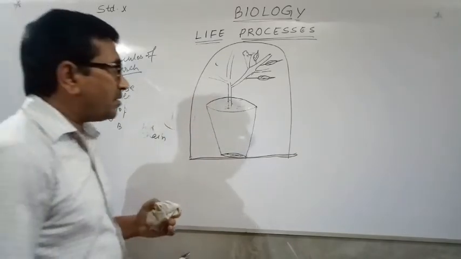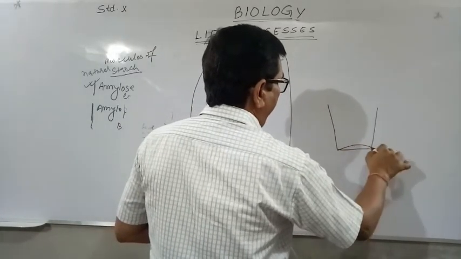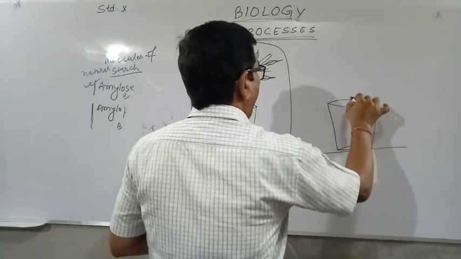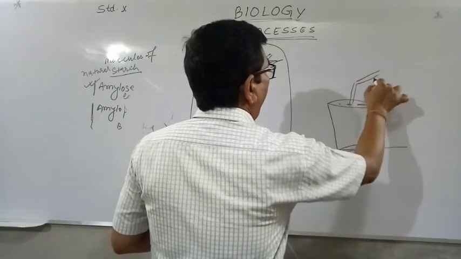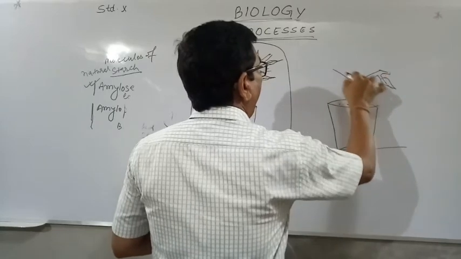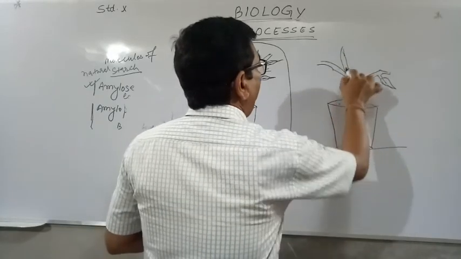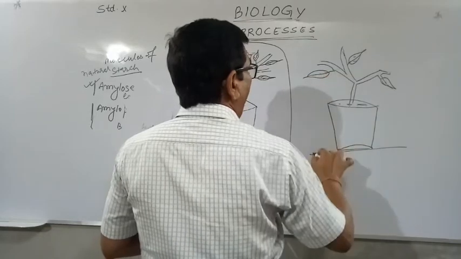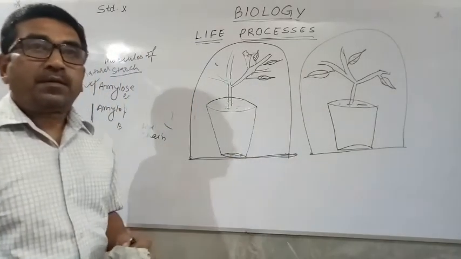Glass slab में रख दिया. Two potted plants, we can do the same. We also cover them with the watch glass, and the joint we try to seal with any thick substance.